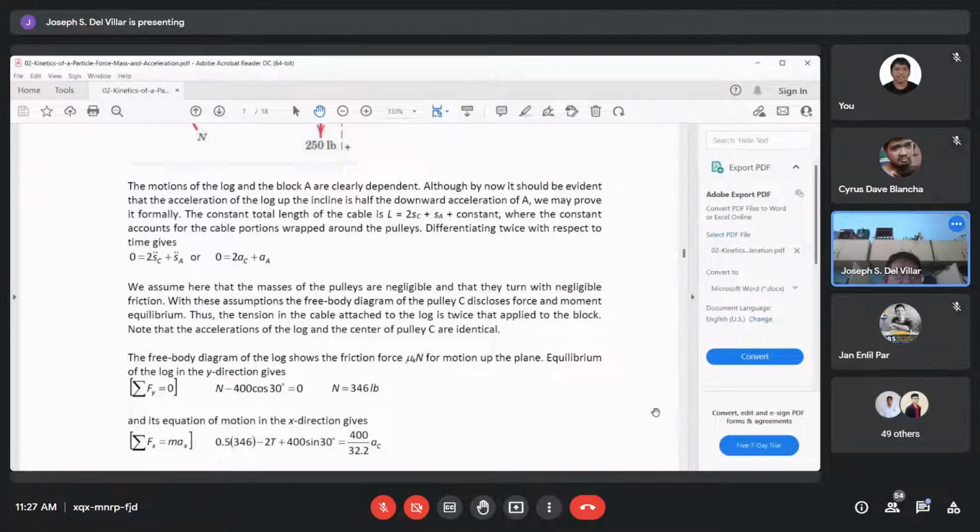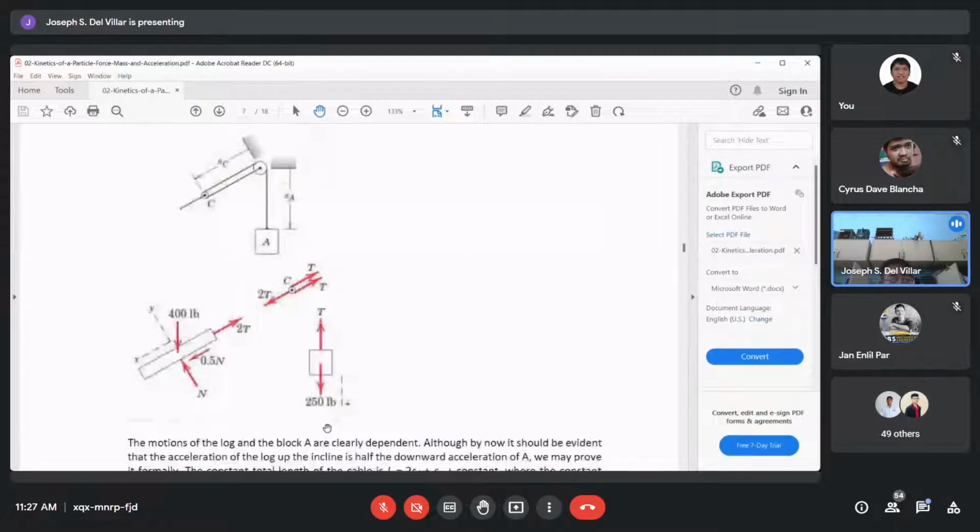Okay, so that is for x. But when it comes to y, the summation of its y component, that's it. So when it comes to x, motion in the x, that will give us summation of Fx is equal to m a x. The 0.5, I think, is the coefficient of friction.